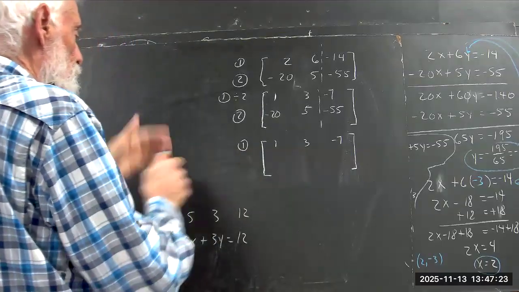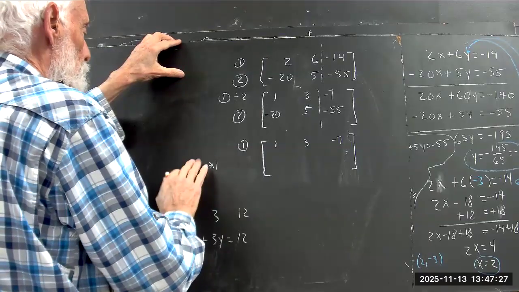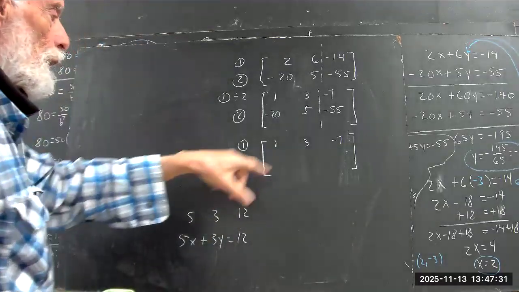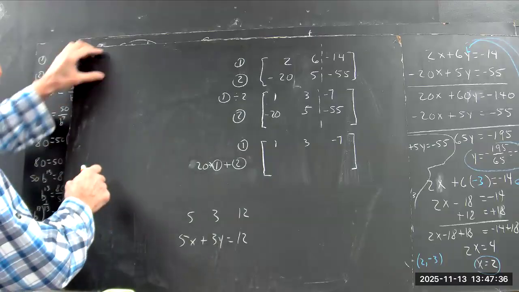Try again. I'm going to do negative 20. Now, so I'm going to do 20 times row 1 plus row 2. Now, when I do 20 times row 1 plus row 2, I'm going to write it over here.